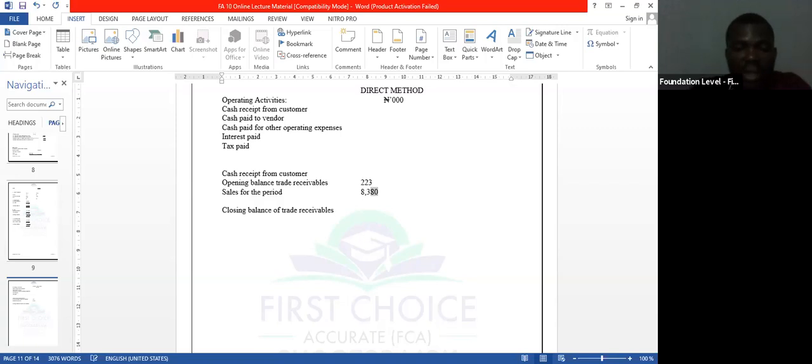So let's add the two together. It will give us a total sum of 8,603. After that, the next thing is our closing balance. So we need to less our closing balance from it, in brackets. Our closing balance is 335, so it will be deducted from it. It will give us a total sum of what?